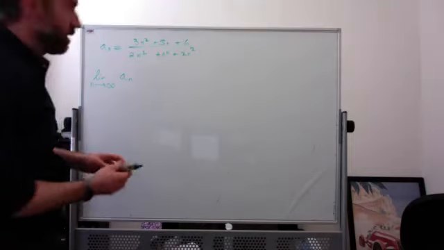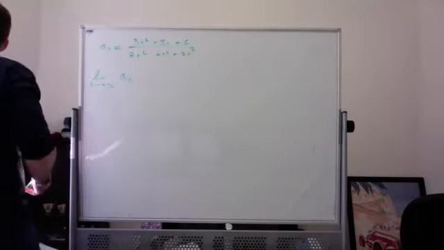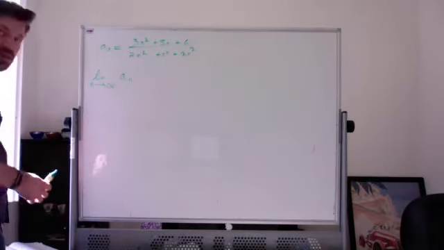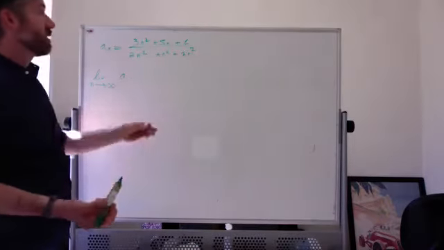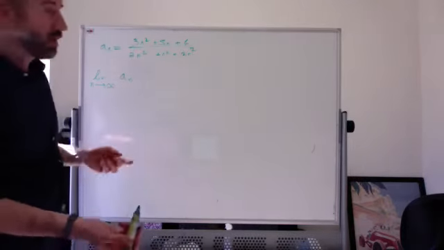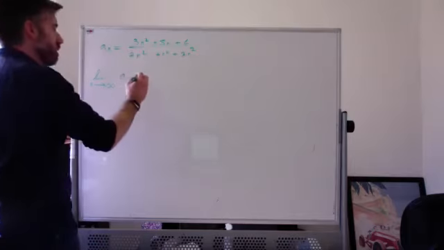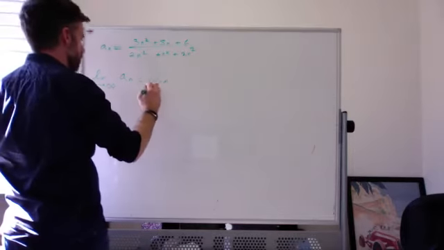All right, so what's this limit going to be? Well, the degree on top is larger. Sorry, the degree on the bottom is larger. So we know that the bottom is getting bigger faster. So we know that this limit is 0.